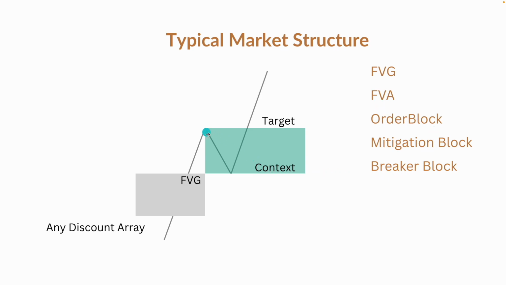So price can retrace to this discount array and then continue in the original bias direction. So this is the context where price is moving from this fair value gap to this target. Which target? This swing high that was created before the retracement. So this is the leg where we are going to trade.